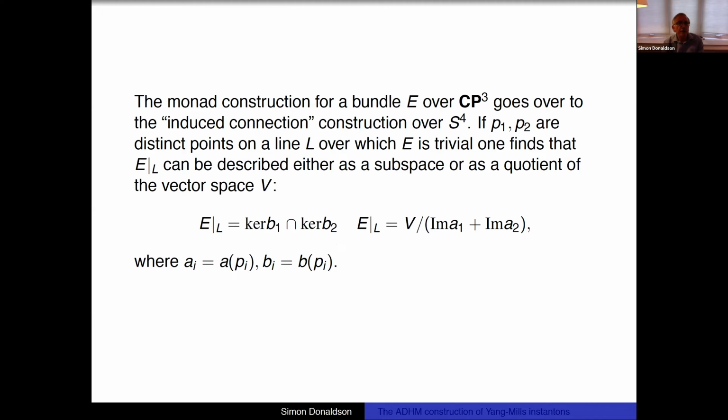So those 2 descriptions are just what we need to describe the induced connection in the way that we did. We have an inclusion map of E tilde into a trivial bundle and a projection map from the trivial bundle onto E tilde.